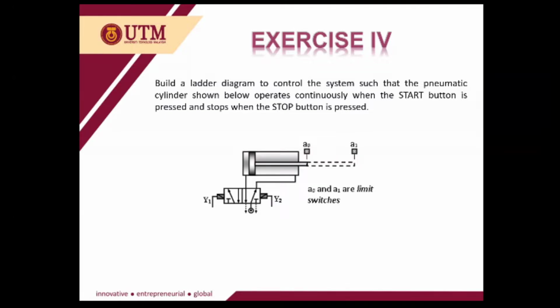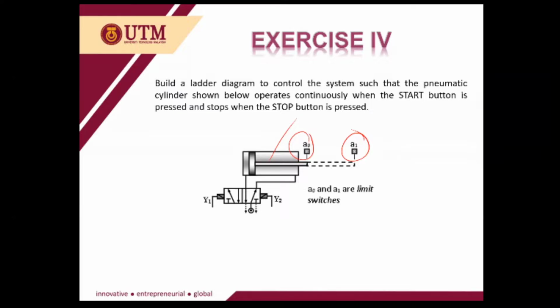The system consists of the pneumatic cylinder, and you have these two limit switches, A0 and A1, which will determine the position of your cylinder, whether it is fully extended or fully retracted. If the cylinder is fully retracted, A0 will trigger. If the cylinder is fully extended, A1 will be triggered.